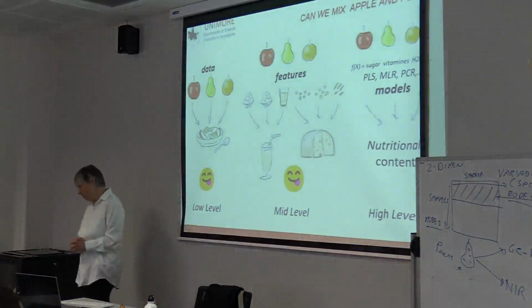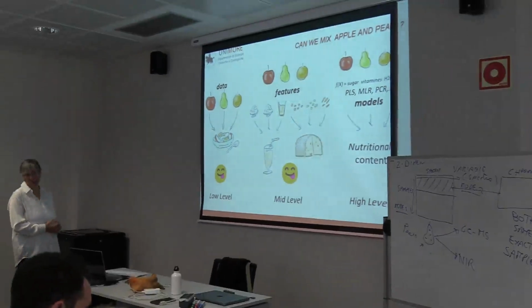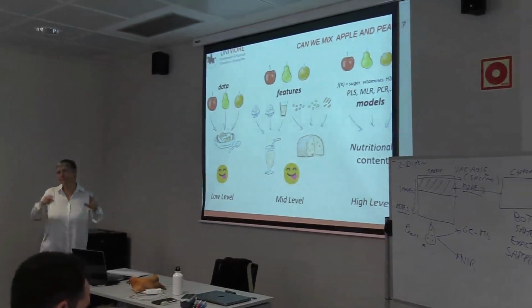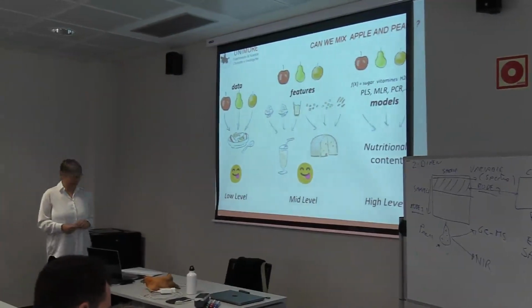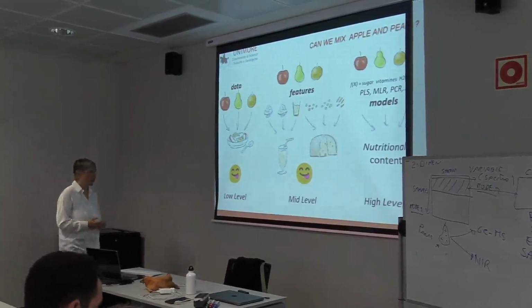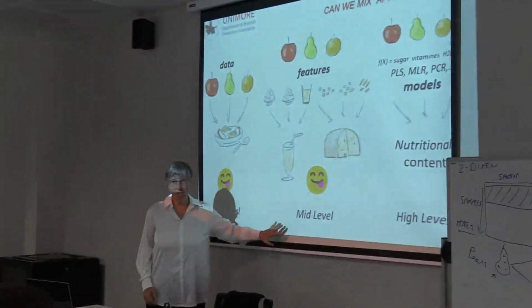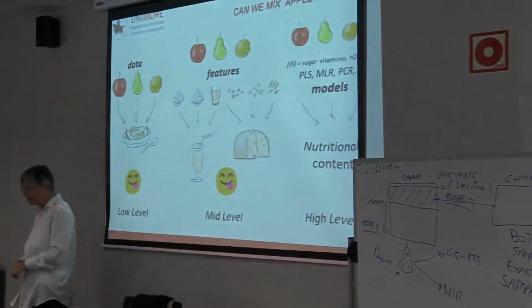Okay, so now the question is, can we mix apple and pear? So can we mix things that are very different? And the answer is yes. In data fusion, we have this very general framework in which we define three main approaches that we call low-level data fusion, mid-level data fusion, and high-level data fusion.